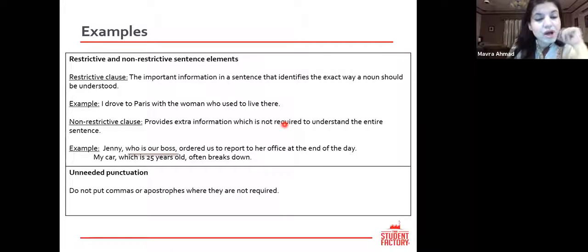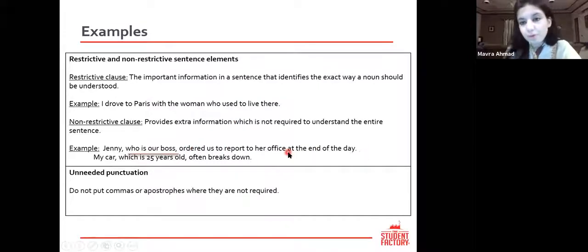Yes, so the non-restrictive clause is who is our boss. अब यहाँ पर अगर हम इस information को निकाल भी दें and we just read it, let's just assume this non-restrictive clause is not here. Let's read the sentence without it. Jenny ordered us to report to her office at the end of the day.